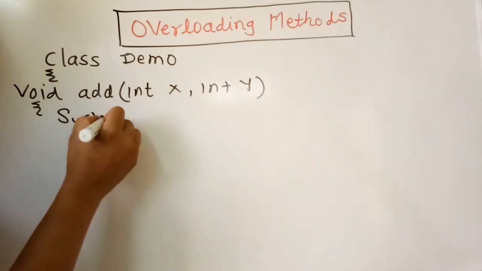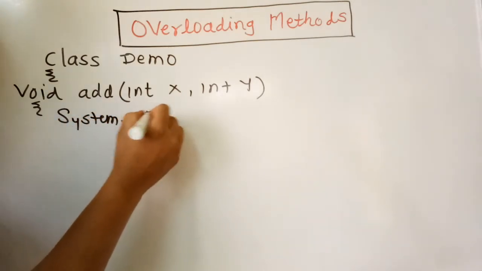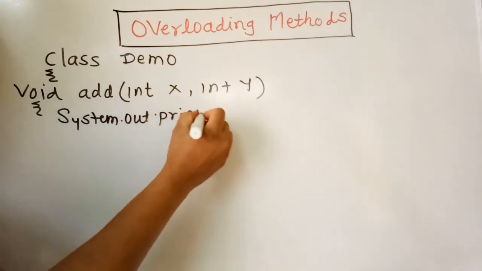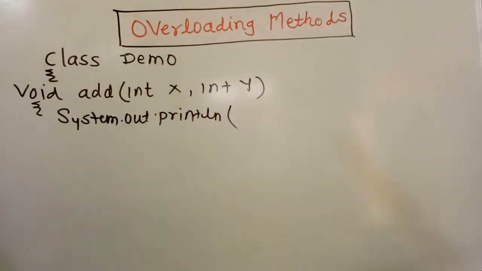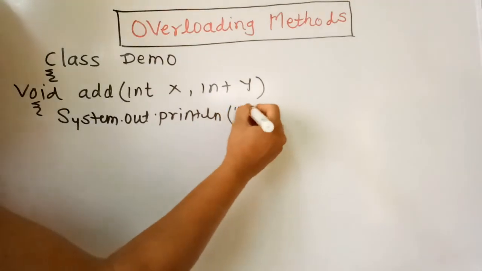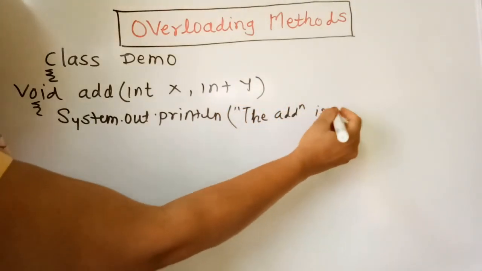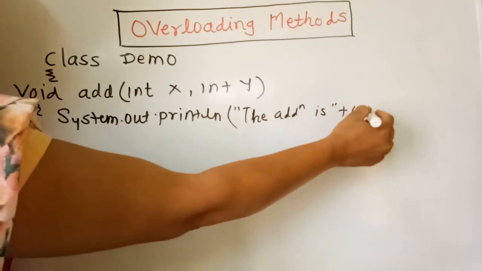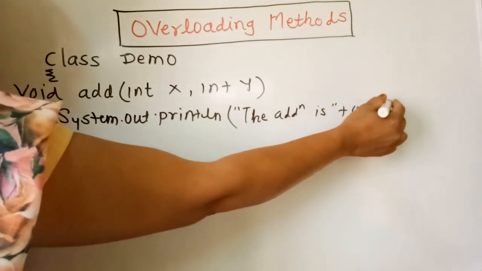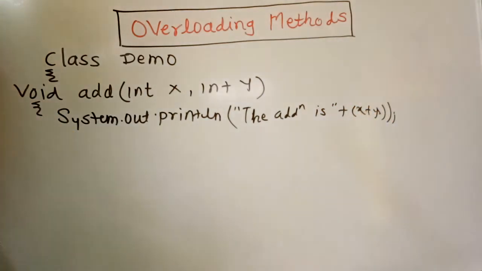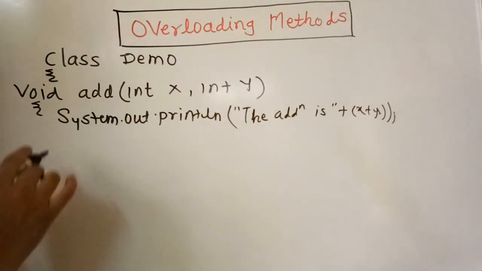So it can be accomplished like System.out.println, in brackets, the addition is plus x plus y. It can be directly executed.